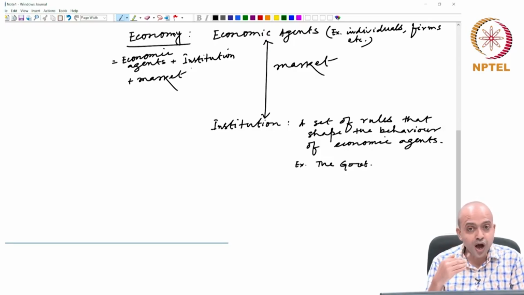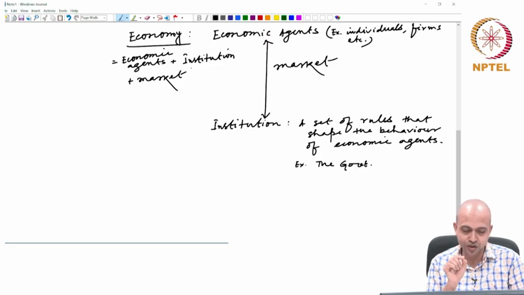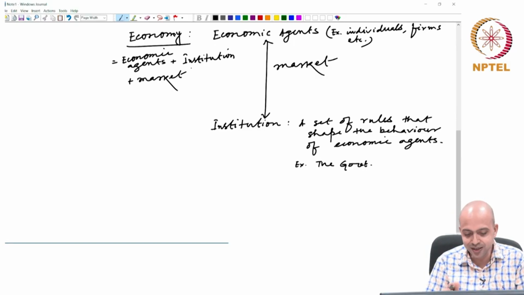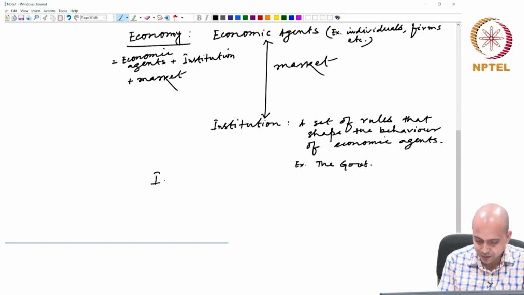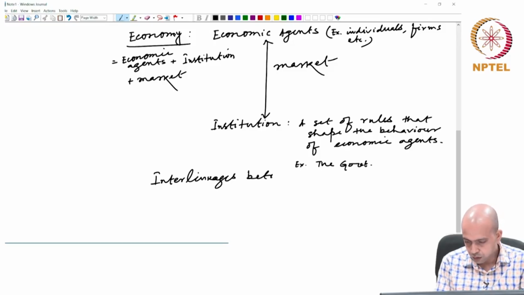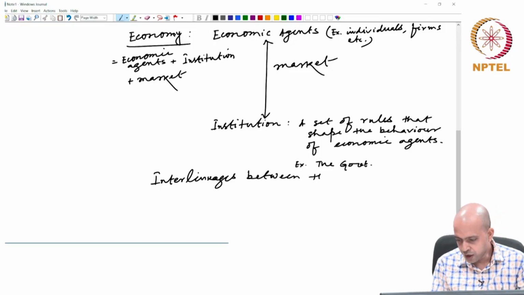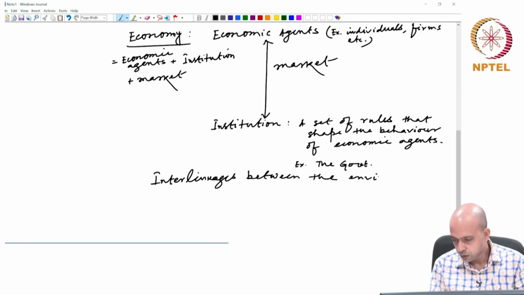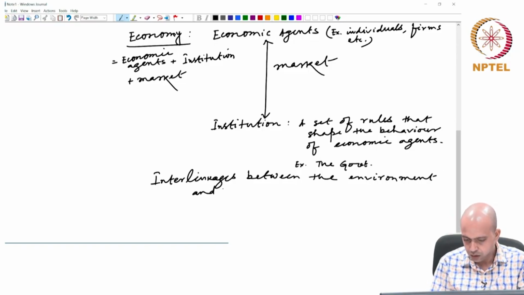That means we are now trying to understand the marriage between economics and environment, and to understand that marriage we will try to understand the interlinkages between the environment and the economy.